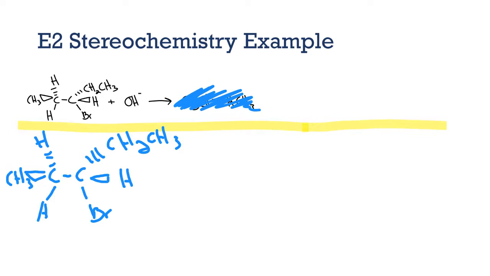These are just hydrogens, but pretend this is a hydrogen, this is bromine, they're in the same plane, and then I have an ethyl group, and a hydrogen in the back of the plane, and then I have a hydrogen and a methyl group in the front of the plane. If you remember Newman projections, this would be this middle carbon here.